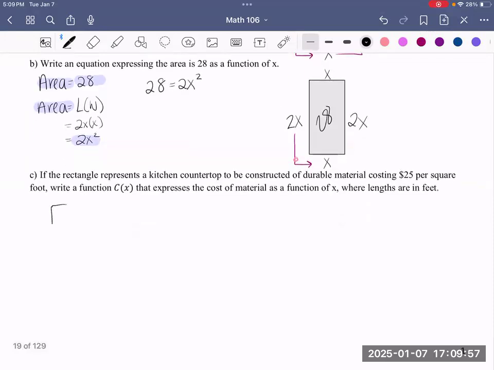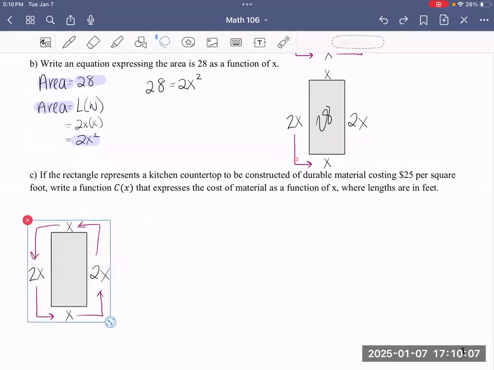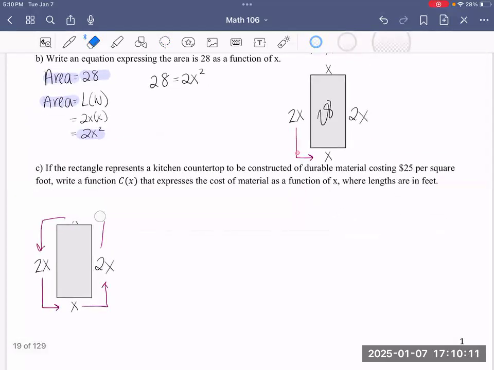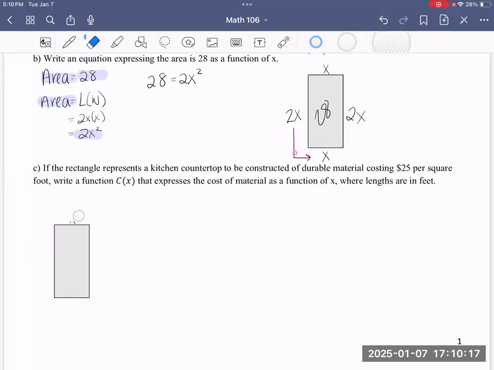So again, I'll paste the figure again and get rid of this. Don't know why it's not snapping together. There you go.